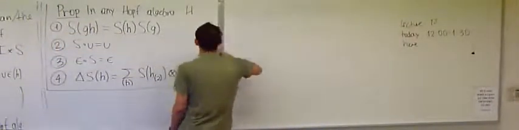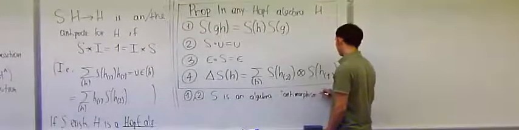So that means that 1 and 2 say that S is almost an algebra homomorphism. Actually, we call this an algebra antimorphism, or anti-homomorphism, because it just flips the product. And 3 and 4 say that S is a coalgebra antimorphism.